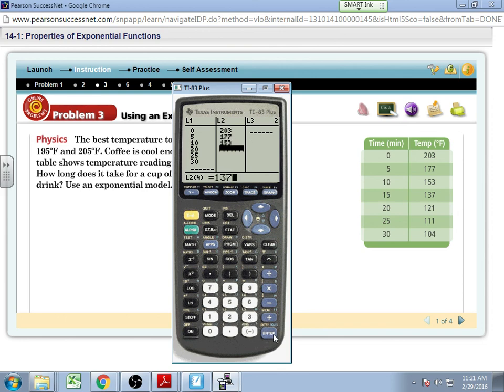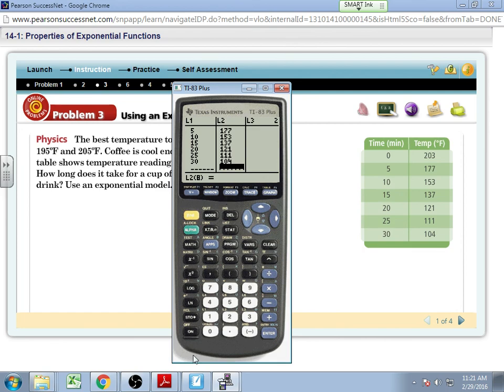Anybody having issues with that? Everyone have your 2 lists? Probably quicker than me because I'm working on the computer and it's harder than punching buttons.